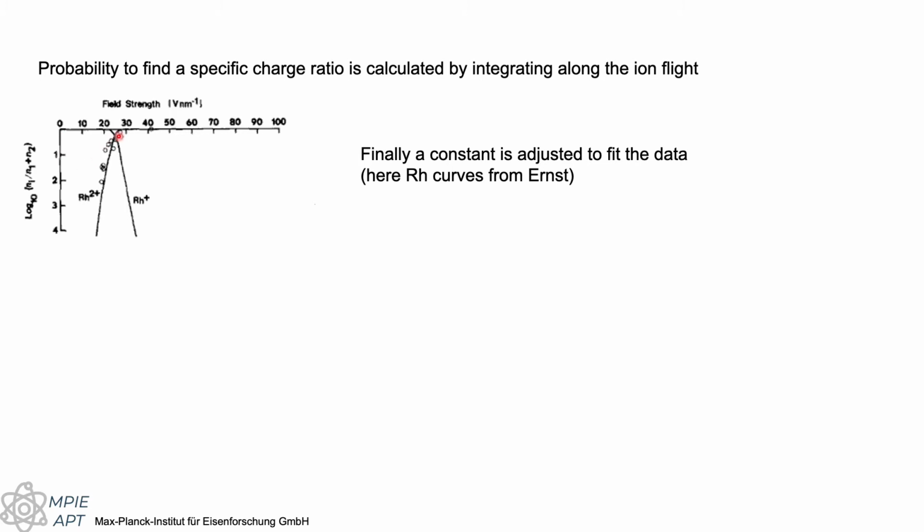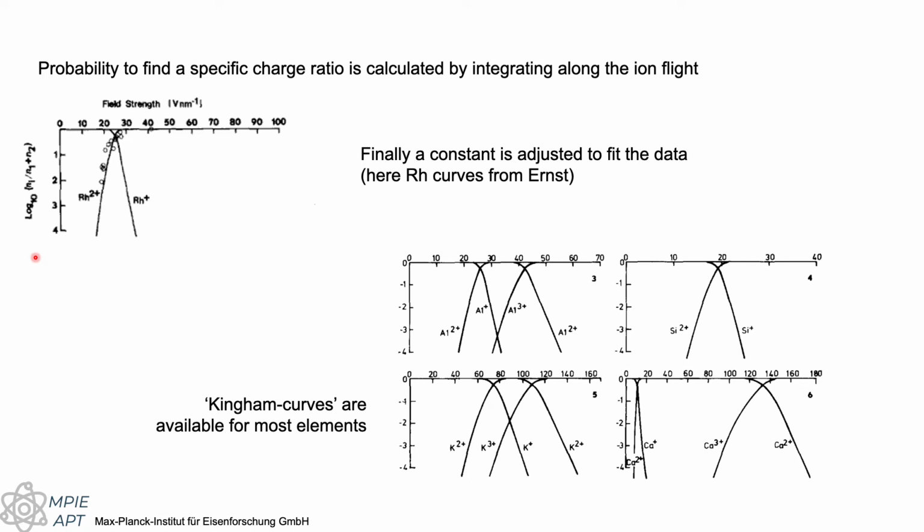And what Kingham then proceeded to do was to calculate what we would expect for a whole range of different elements, with again here the field strength and here the ratio between the different species on a log scale. So at low fields you get mostly 1+ aluminium. As you reach about 20-25 volts per nanometer, then you should get about 50-50 between aluminium 2+ and aluminium 1+.